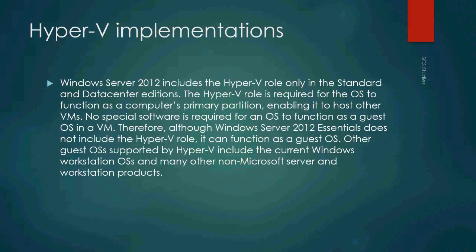The Hyper-V role is required for the OS to function as the computer's primary partition. So this is the basic reason why the Hyper-V role is required. Without Hyper-V, your system will be a type 2 hypervisor, and whenever you install the Hyper-V role, it will convert to a type 1 hypervisor. In type 1, it requires the OS to function as the computer's primary partition.